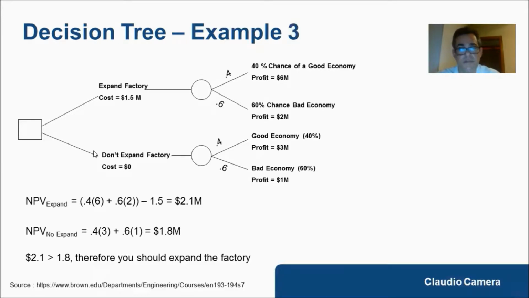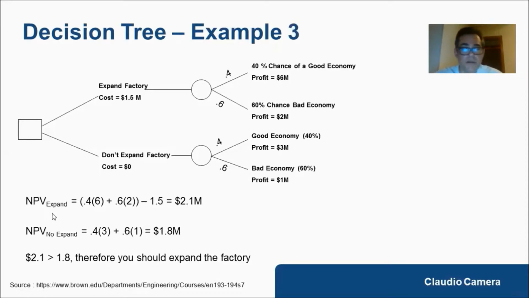Well, if I don't expand the factory, I already know my scenario, it's the estimation. That's why economic studies are conducted. In a good economy, I will profit 3 million with 40% probability, and with 60% probability in a bad economy, a profit of just 1 million.